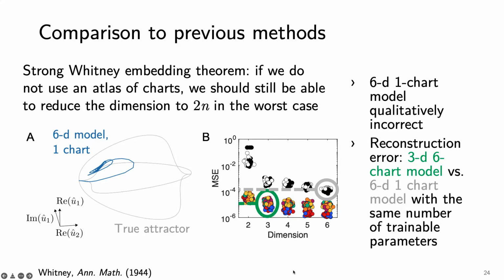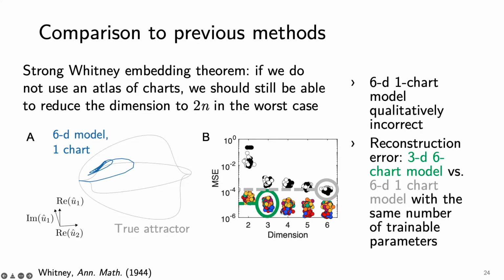And I want you to pay attention to the points that are circled in green and the points circled in gray. So the points circled in green correspond to the reconstruction error of a 3-dimensional model when we break things up into patches. So this is the model from the previous slide. And then the points in gray are the reconstruction error of our 6-dimensional model where we don't break things up into different patches.